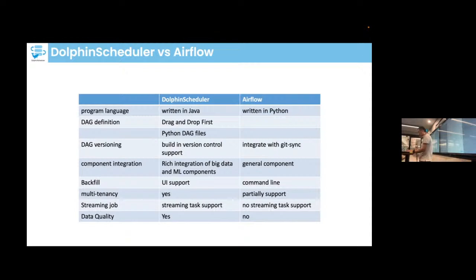Okay, after you define this task, you can define the dependency, and then let's go back to the definition here. Then you can activate or online this workflow, and after you put it online, you can manually trigger it, or you can define the schedule for this workflow.